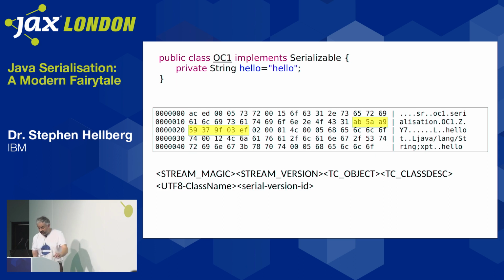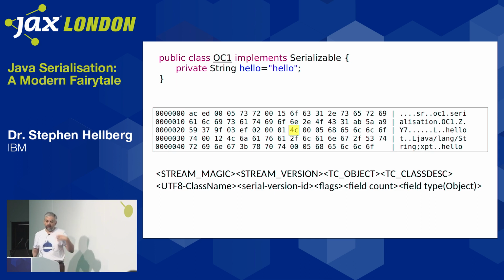There's a serial version, which is probably the most interesting thing about this. Some flags. Our object has one field, so there's a count of the field. That's good. There's an indicator, which is where the L is on the right-hand side, that says an object's coming. You'll be familiar with that because that's how the JVM knows about some of the type information.